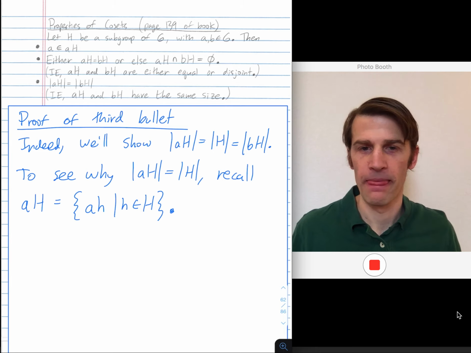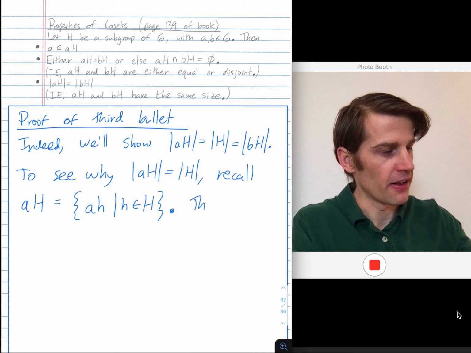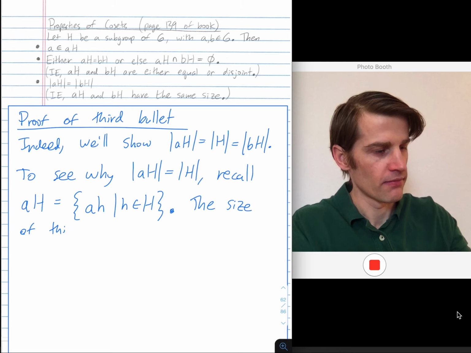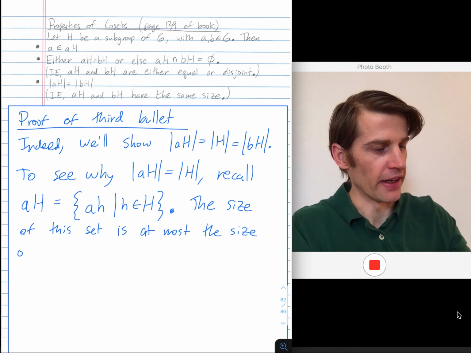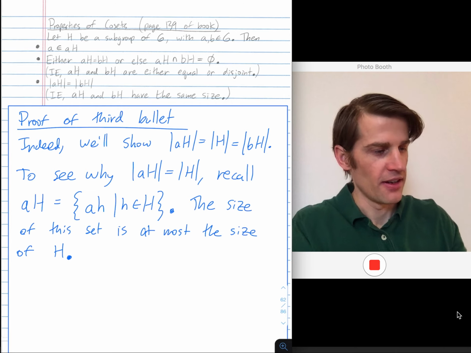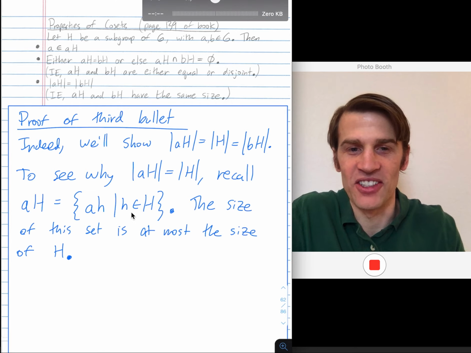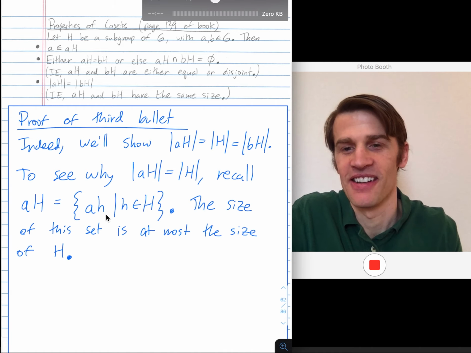So the size of this set is at most the size of H. Do you see that? Every different element I choose for little h gives me at most one different element here.